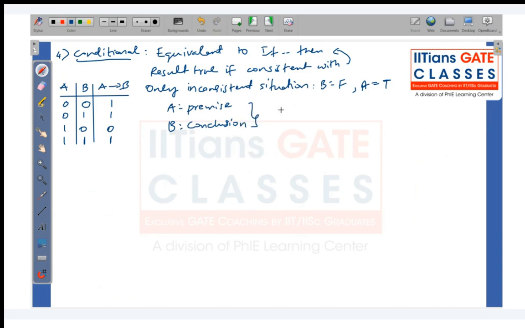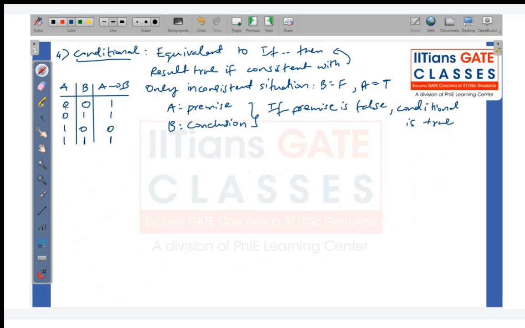Okay. From here I can make a few statements. If the premise is false, then the conclusion following the premise doesn't really make sense. So the conditional, this connective, is always true. Is the statement clear?